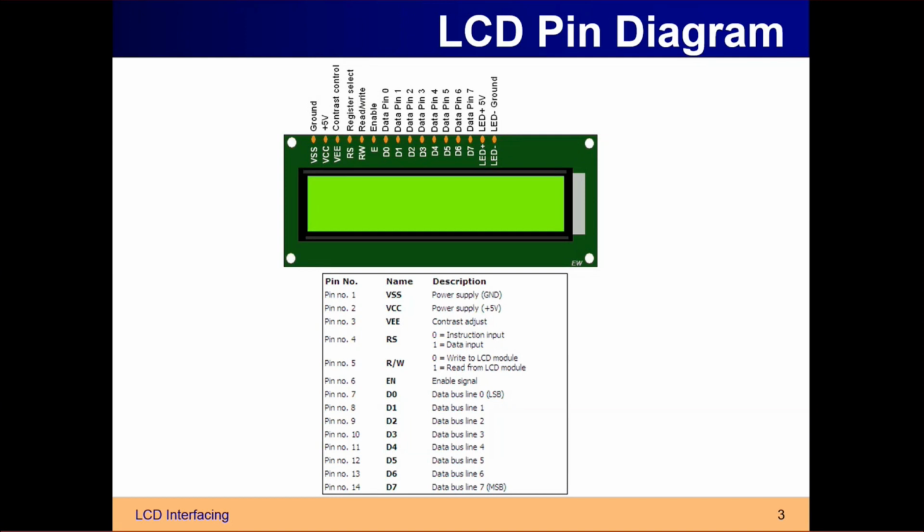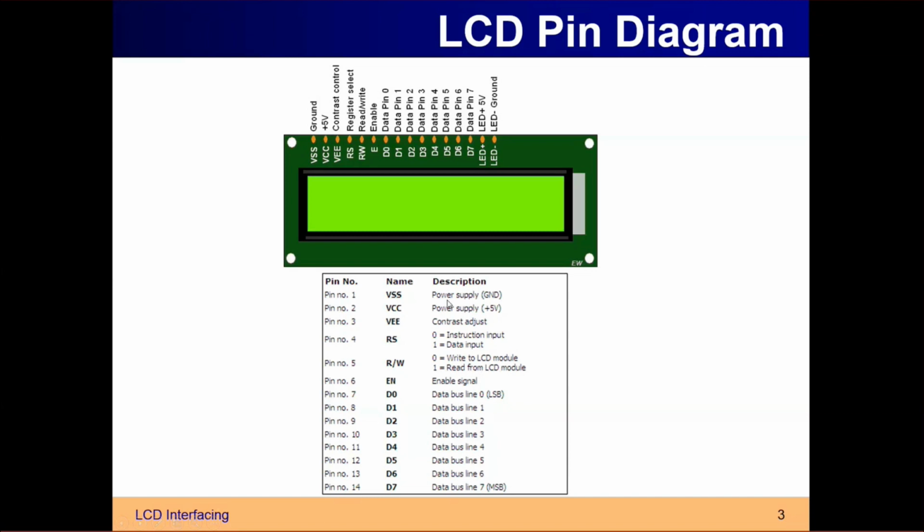But how will the LCD identify whether what you are writing is a command or data? Because both the data and the command you send to the LCD through these 8 data lines. Either you can send data or command. But how will the controller present inside the LCD identify whether it is data or command?